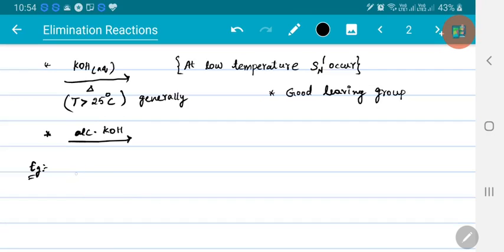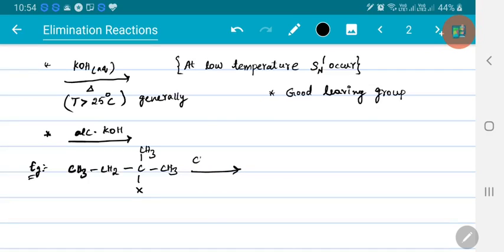Now coming to the example, if you take CH3, CH2, CH3, CH3 and a halogen here, which may be a good leaving group, maybe iodine.